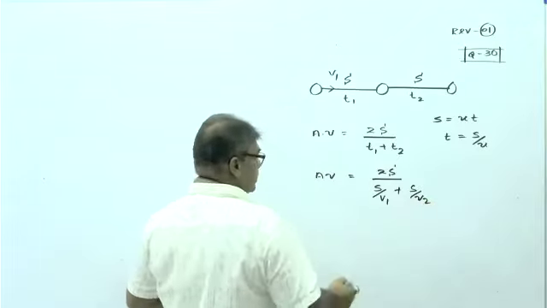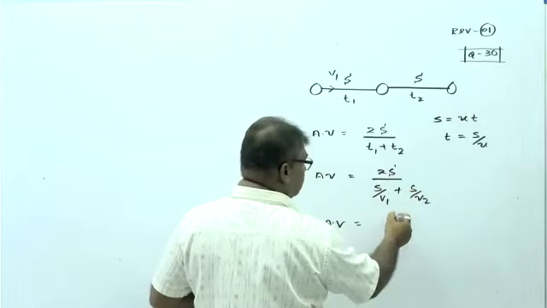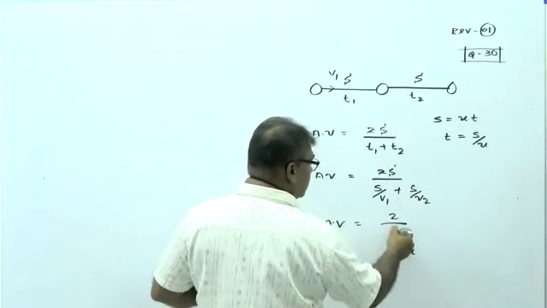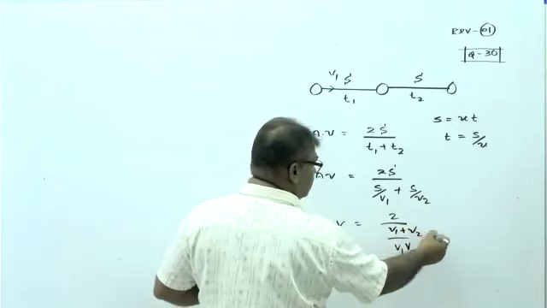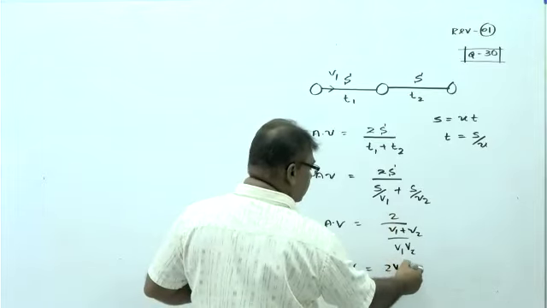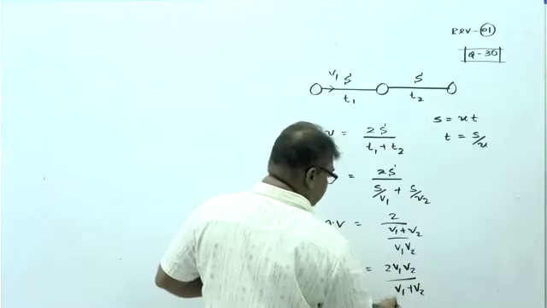Then s cancels, with common denominator v1 v2, giving 2 over (v1 plus v2). Then average velocity becomes twice of v1 v2 divided by v1 plus v2.